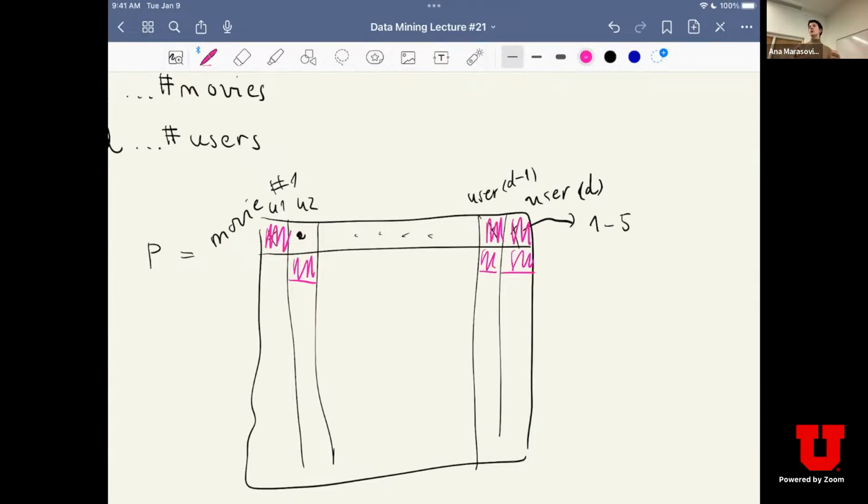Latent factors should trigger you to think about principal components or singular vectors, because those are the ones that capture the important stuff in the data, where these important directions are potentially predictive of multiple things. They're not just a single feature.